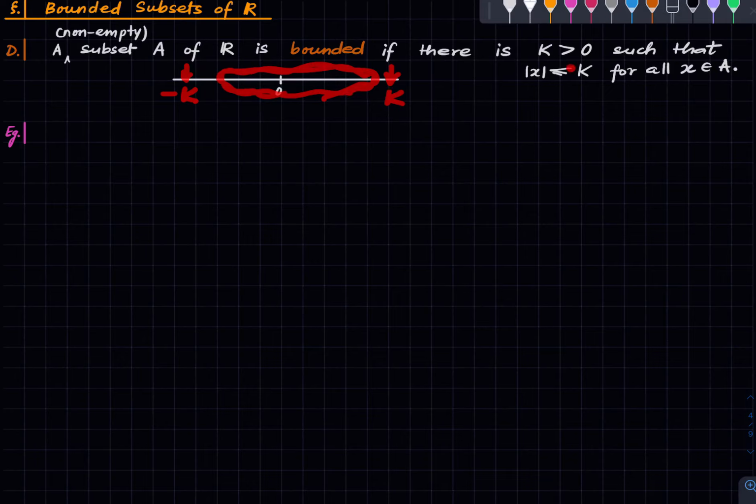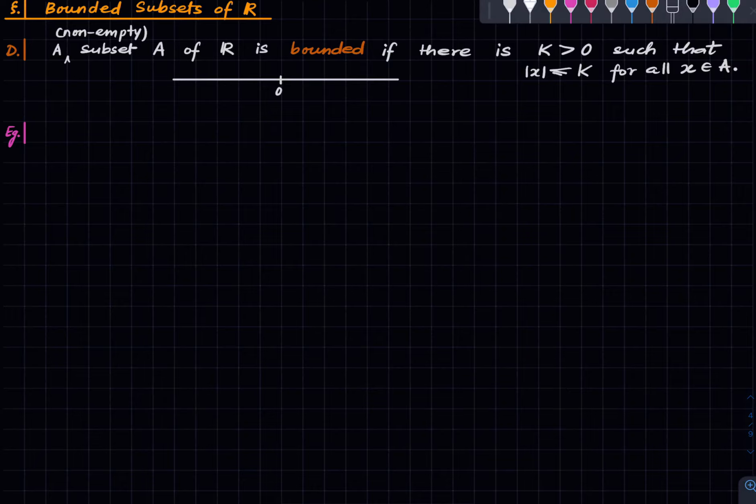And since we have put a less than or equal to sign, the set A is allowed to have the endpoints here. So basically, if there is some finite interval which contains the set A, we say that the set A is bounded. It's a very, very simple definition.